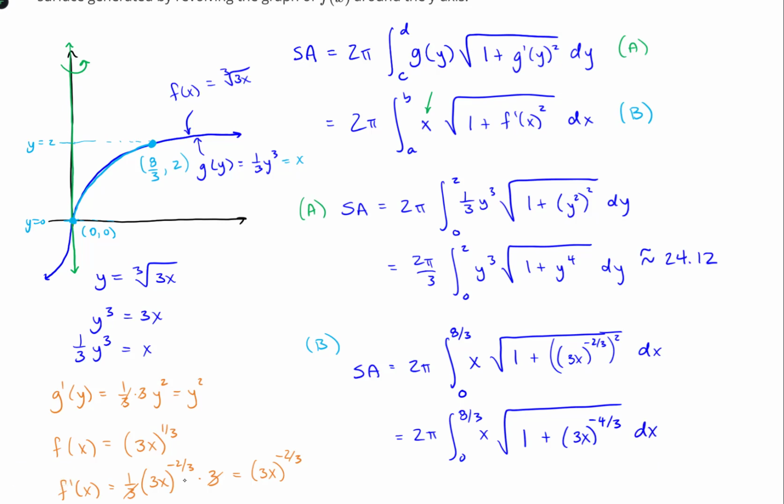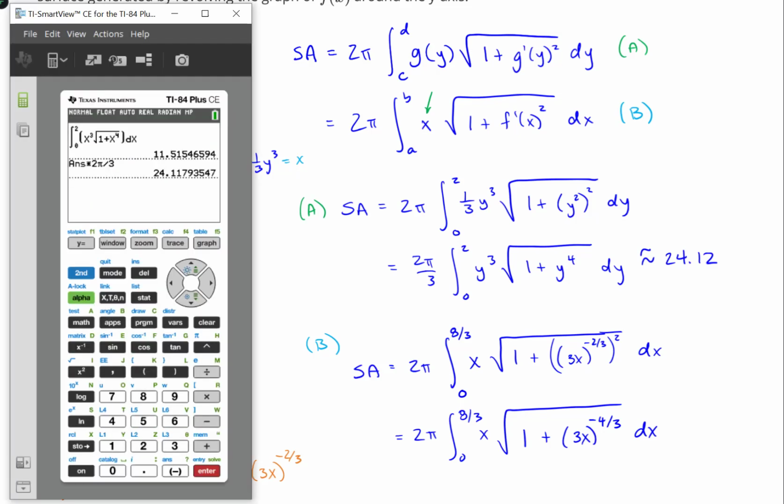Now, if we tried to integrate this by hand, we'd be in a bit of trouble because this negative 4/3 power is going to make it difficult to actually perform that integration. But if we're using fnint, it's doing approximation methods anyway, so it wouldn't make any difference. We should ultimately get the same answer, and I've got my fingers crossed here. We'll see what happens.